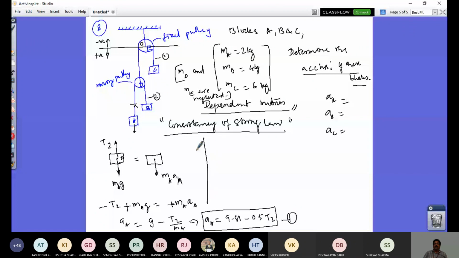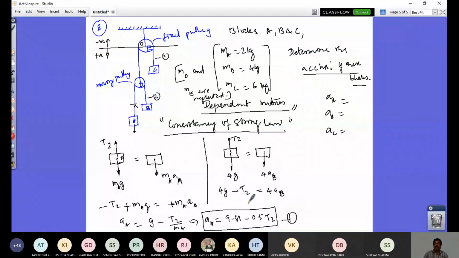Now let me write similarly for block B. What is its free body diagram? I have its weight. B is weighing 4 kg, so 4 times G, and the tension is T2, and that is equal to its acceleration, 4 into AB. Applying the equation similarly, I have 4G positive minus T2 equal to 4AB.